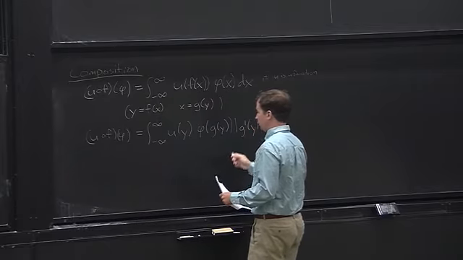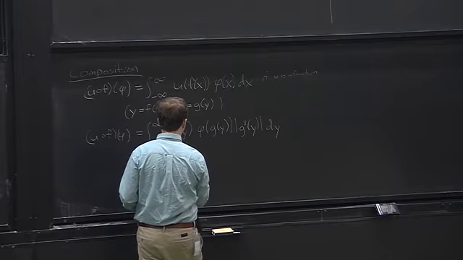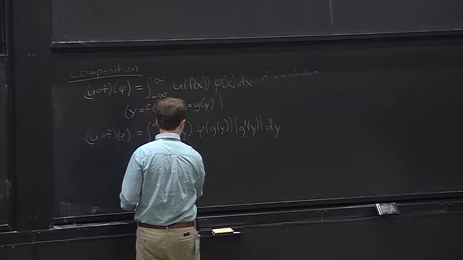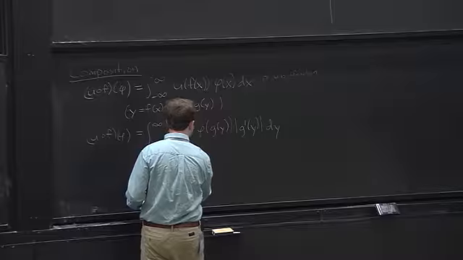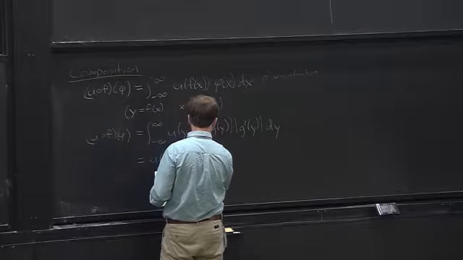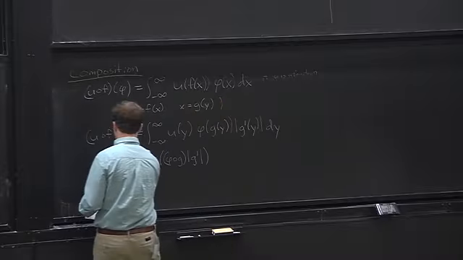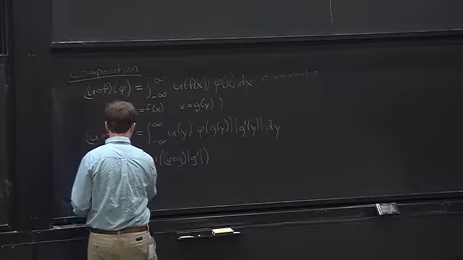We can write this as u acting on phi composed with g, multiplied by the absolute value of the derivative of g. And so we can take this as our definition.